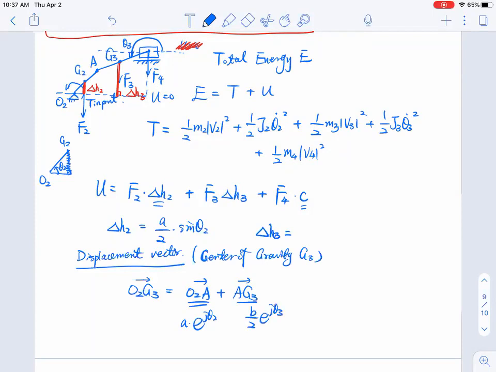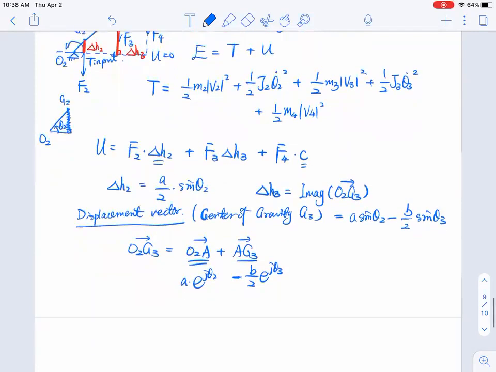But we define theta 3 at the joint B, so we need to reverse the direction of the vector. That's the total O2G3 displacement vector. So delta h3, which is the y coordinate, means we need to find the imaginary part of your O2G3 vector, and we can write it down as A sine theta 2 minus half B sine theta 3.